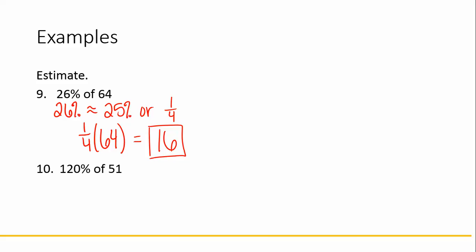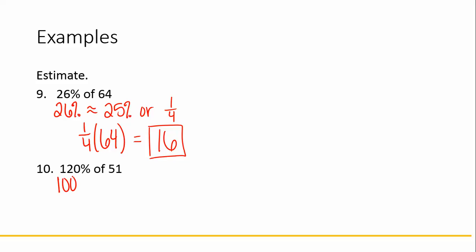Remember, these are estimates. On number 10, we have 120% of 51. And because this is such a large percent, 120%, we're actually going to split this up into two separate problems. So we know that 51 is close to 50.